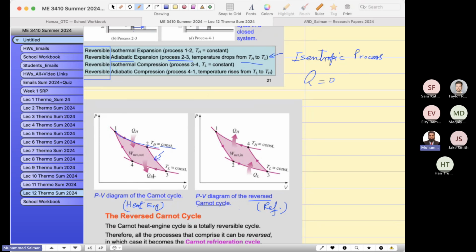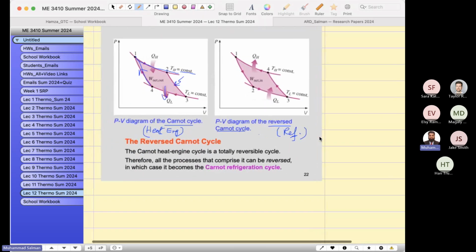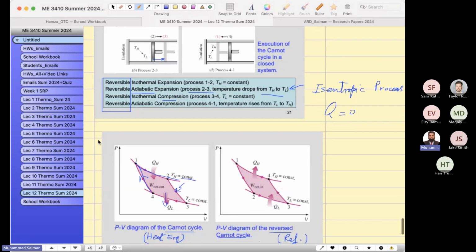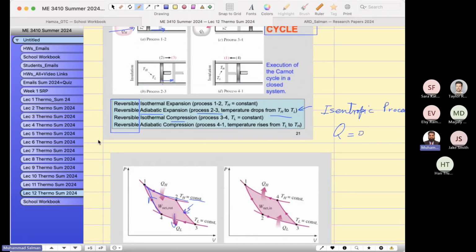And then there is isothermal compression. Heat is being rejected. This is isothermal, and this is reversible adiabatic compression. The major thing from this slide is that all four processes, either the refrigerator cycle or the heating cycle, are reversible.